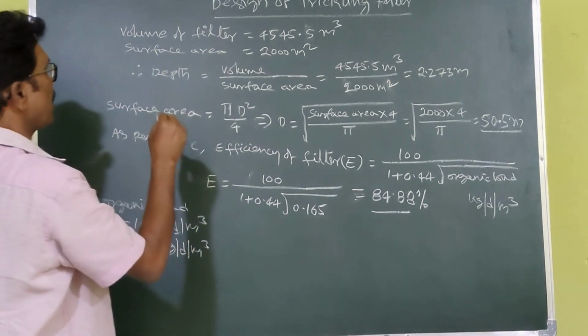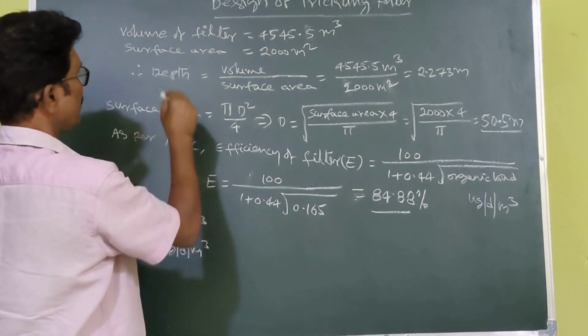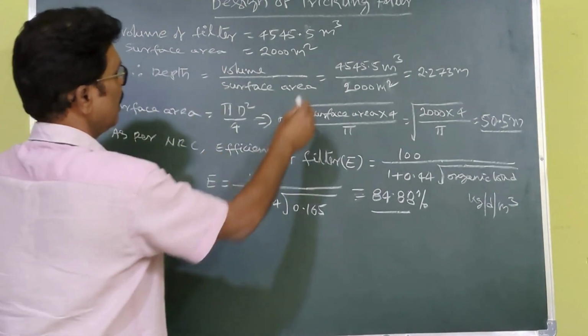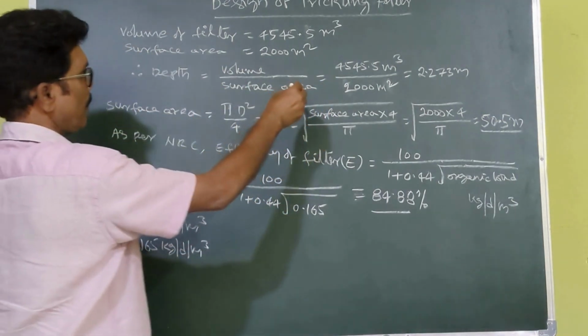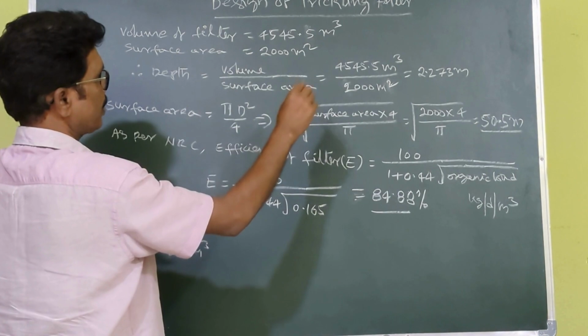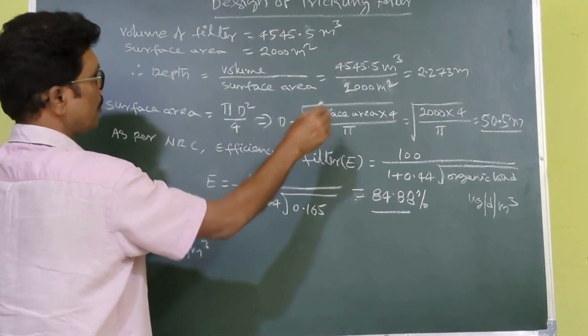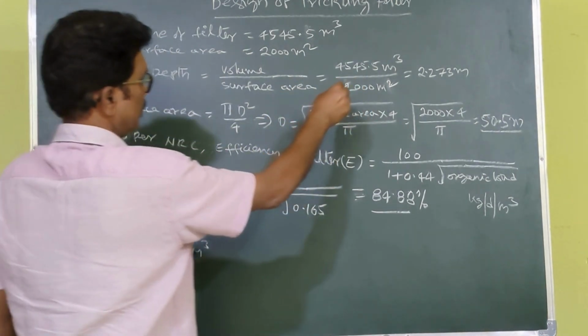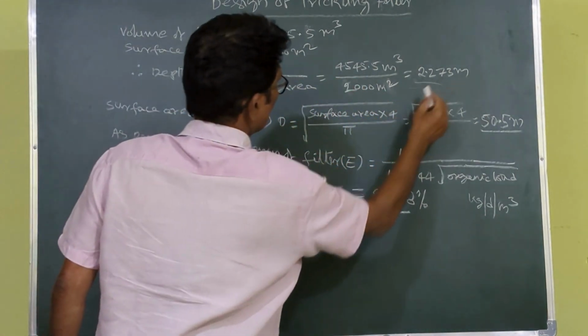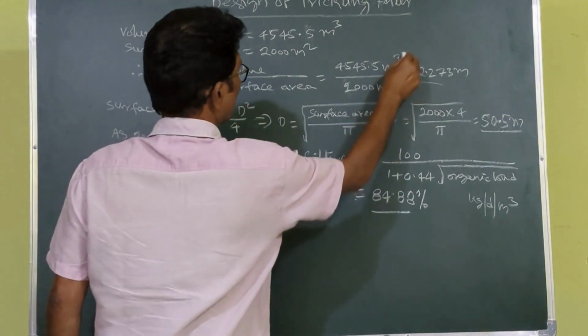From these two parameters we can find depth equals volume divided by surface area, that is 4545.5 meter cube divided by 2000 meter square. That gives 2.27 meters.